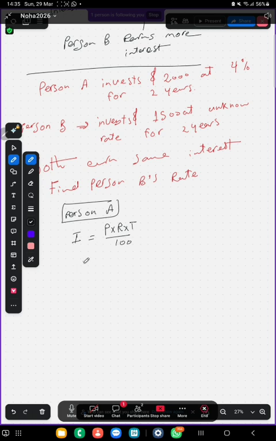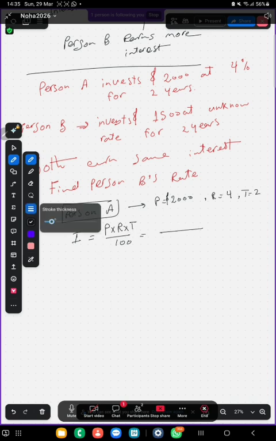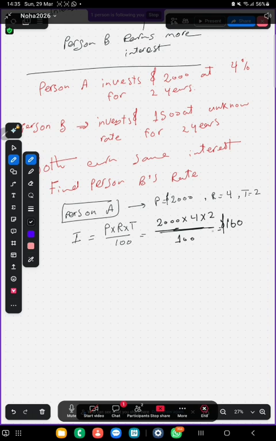Select the data: P is 2,000, R is 4%, and T is 2 years. So I is equal to 2,000 times 4 times 2 over 100, which gives you 160. So it's $160, my interest.